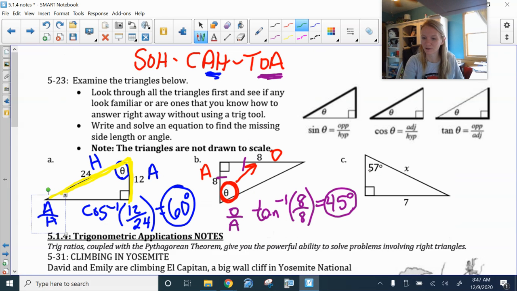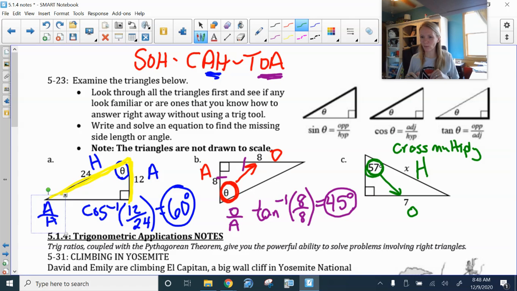For the last one here, I have a 57-degree angle. From that angle, I've got an opposite, and x would be our hypotenuse. This time we are not going to use the inverse because we already know the angle. So this is a cross multiply problem. We have to be careful about what we're given because that changes how we do it.